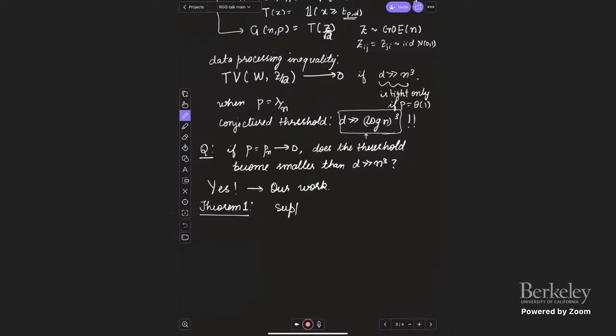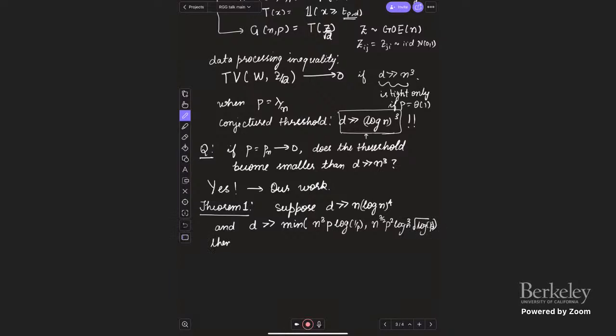Suppose d is much larger than n (log n) to the 4, and d is much larger than the minimum, not maximum, but minimum of n cubed p log(1/p), and n to the 7/2 p squared (log n) cubed times square root of log(1/p).